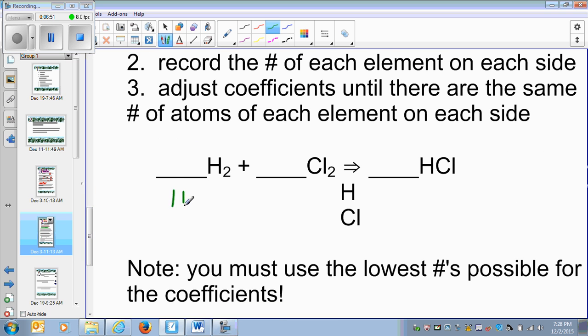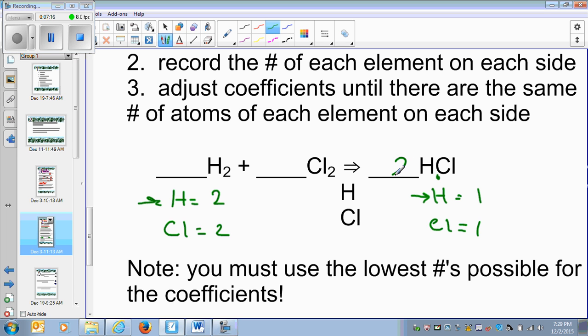Let's say for this equation, I have 2 atoms of hydrogen and 2 atoms of chlorine. On this side, I have 1 atom of hydrogen and 1 atom of chlorine. As I said, I can only change the number up in the front, which is the coefficient. I have 2 hydrogens here, and here I have only 1. So I can only multiply. What do I multiply the 1 with to get 2?